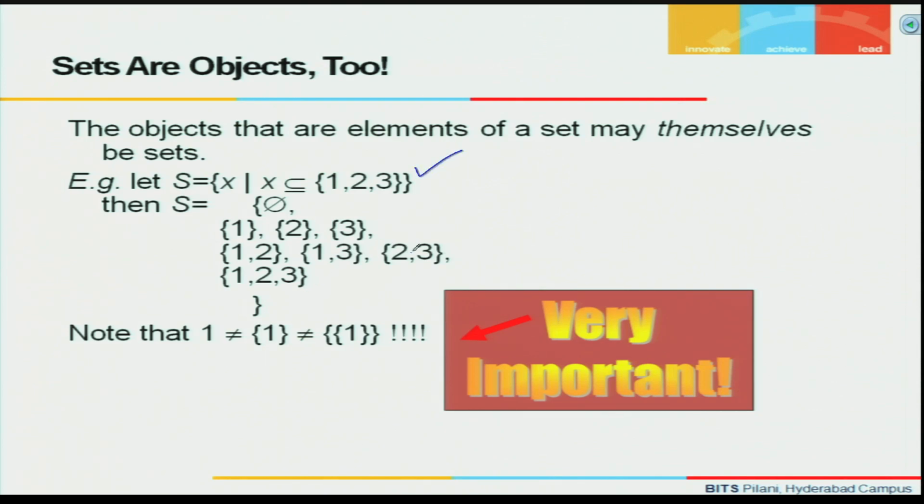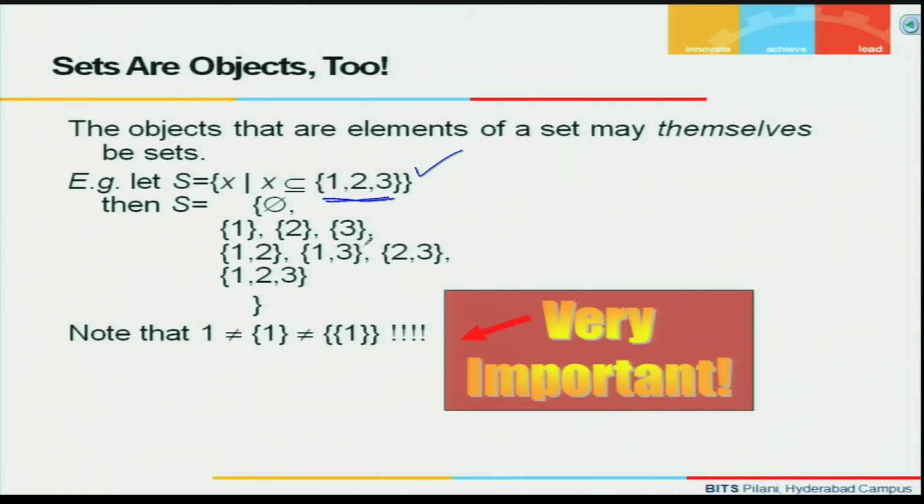Set of all X such that X is a subset of the set {1, 2, 3}. Can I define a set by this or not? Yes, very much. The very definition of set makes us define a set like this.